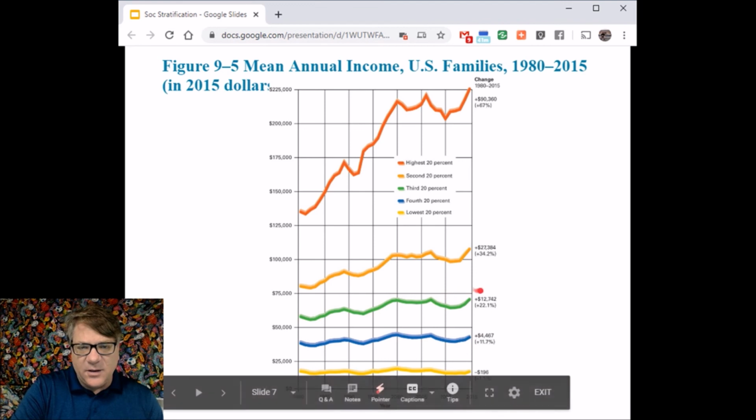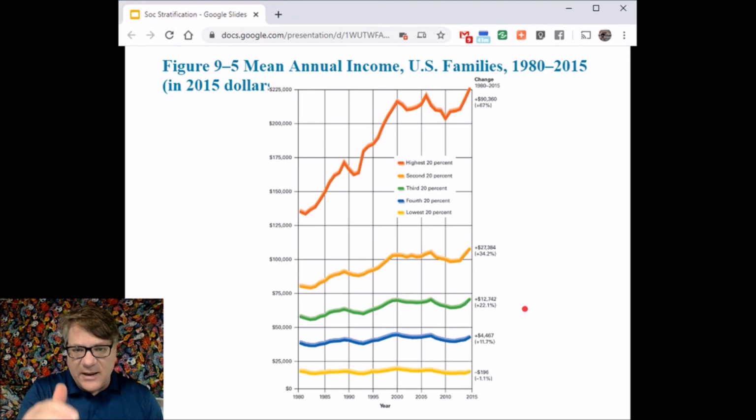As you go up the income ladder, the next 20% increased by 11.7, the next 20% by 22.1, the next by 34.2, and when you look at the very top, it increased by 67%. You may have heard the phrase, the rich get rich, the poor get poor. That's kind of what this data is illustrating. But I like to tell students the rich get really rich. They make a lot more money, and the poorer you are, the less money you make.